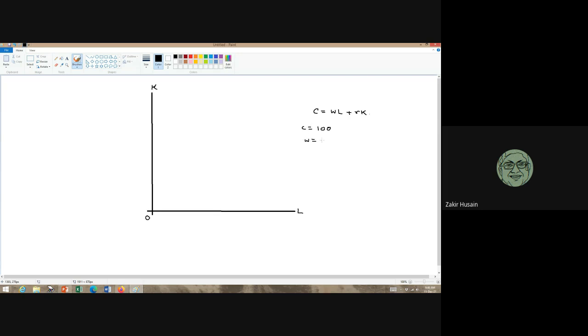W is equal to 10 and R is equal to, let us say, 5. So 100 is 10L plus 5K. Suppose L is 1.